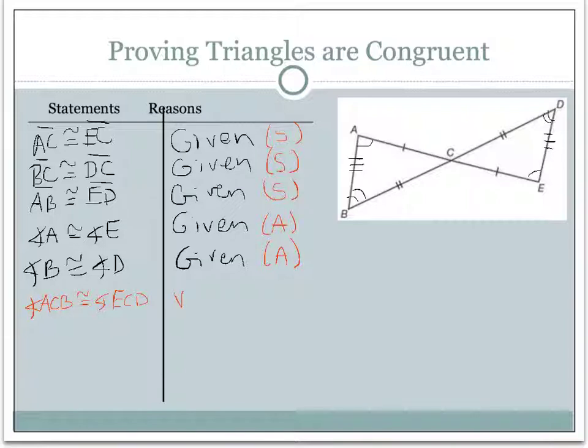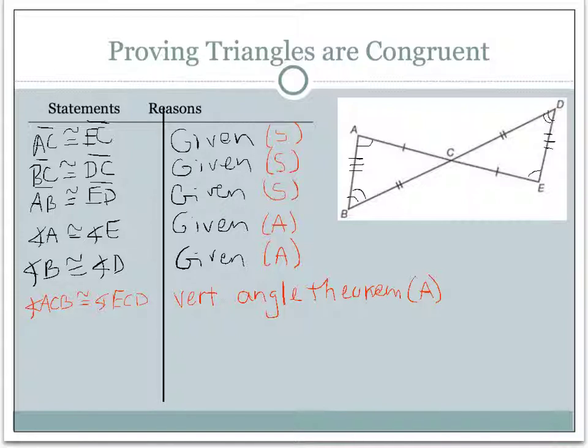This is by the vertical angle theorem. The vertical angle theorem states that if you have vertical angles, then their measures will be congruent. So now we have our third pair of angles. So we have all three pairs of sides and all three pairs of angles.